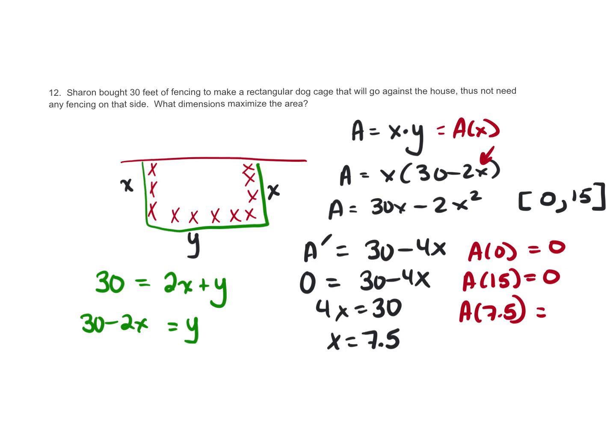So that's going to give me 112.5, and this would be square feet. So the max area is 112.5 square feet, and it happens when the width is 7.5 feet. So again, a pretty straightforward one. I would certainly encourage you to look at the ones that we did in section 4.6. Some of those little more difficult ones deal with volume and area and things like that.